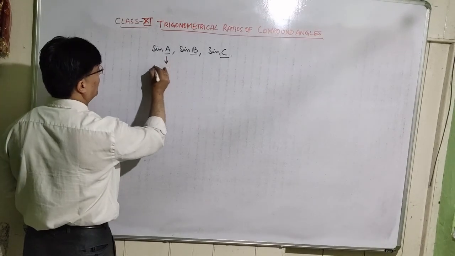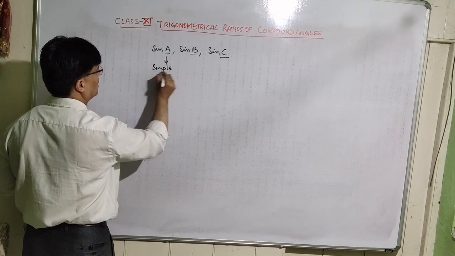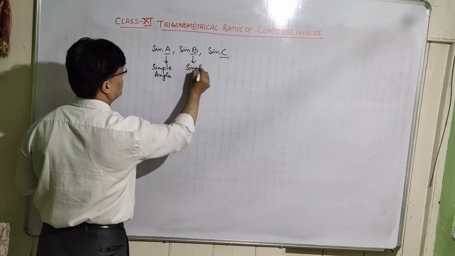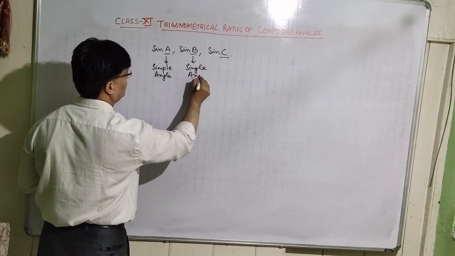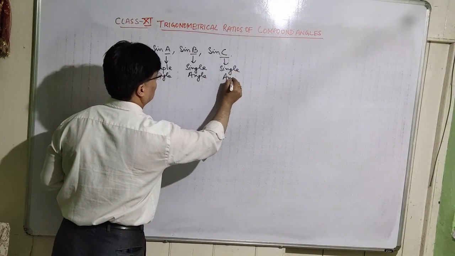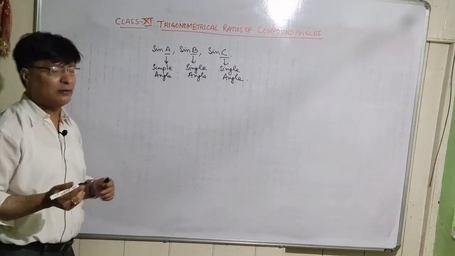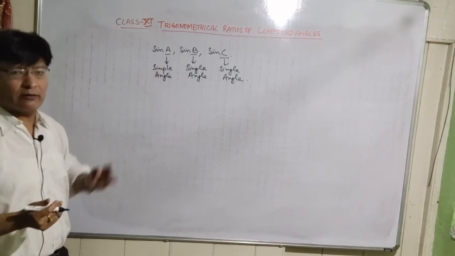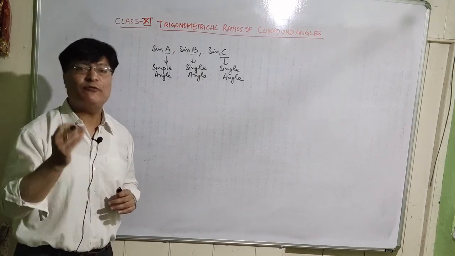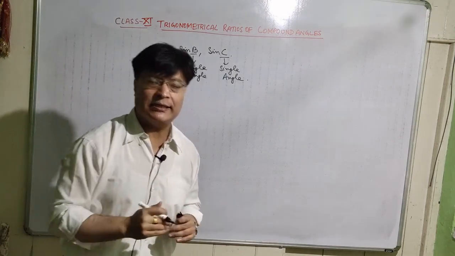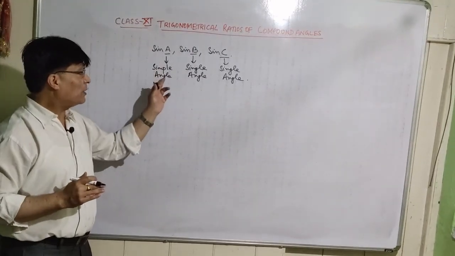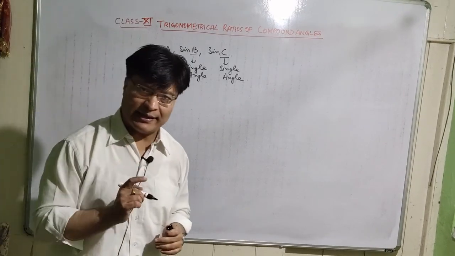This is known as a simple angle or single angle. If you have only sine A, only cos B, only sine C, tan A, or tan C, there is only an angle. That is known as a simple angle, or single angle.